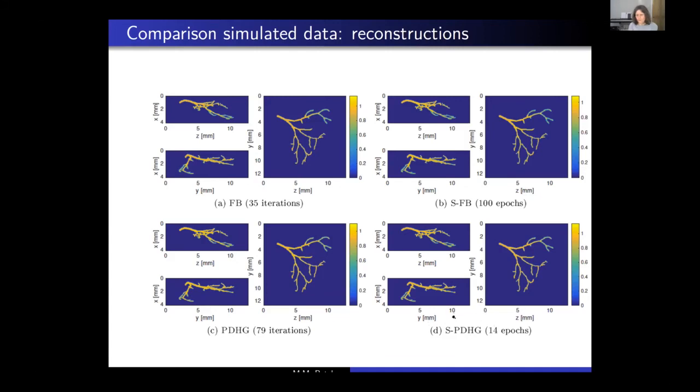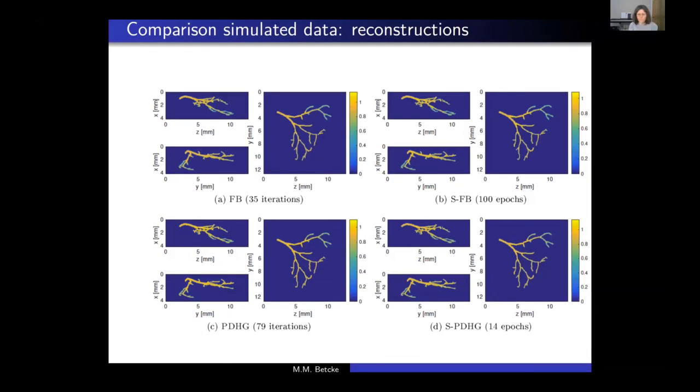And here we have the stochastic primal dual hybrid gradient that only needs 14 epochs to achieve it. So we essentially have a reduction of factor 4 between these two in terms of the application of the forward operator if you see it as a whole.